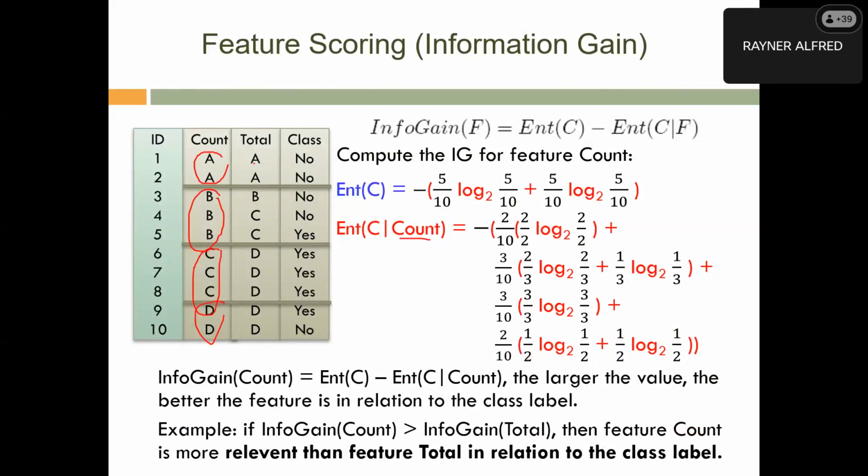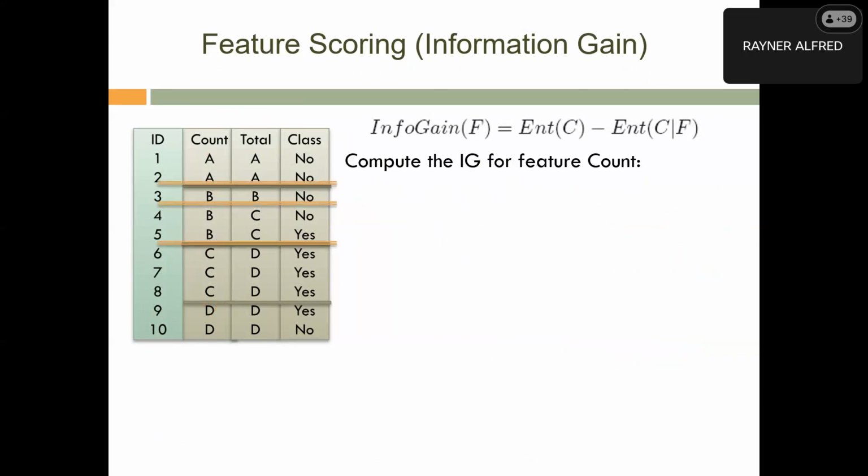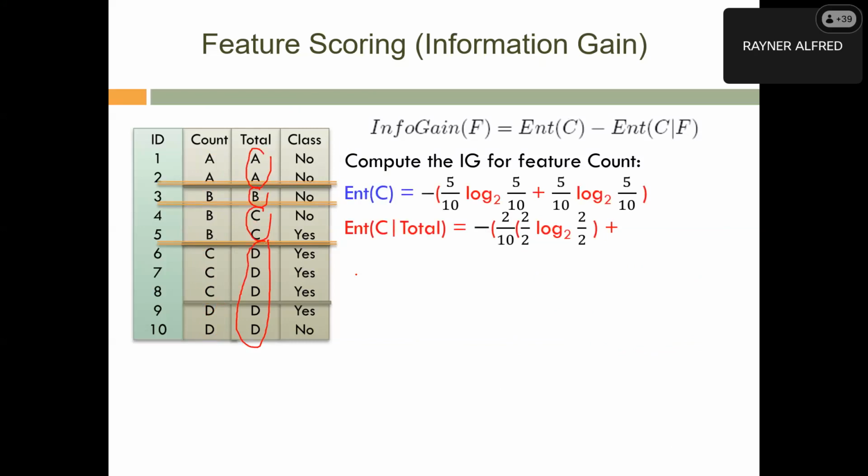Now let's take total. So if you take total, then the partition of data will be different. So we will have this and this and this and this. So we have 4 partitions. For this one, the entropy before splitting will be the same. Now the first one we have 2/2.